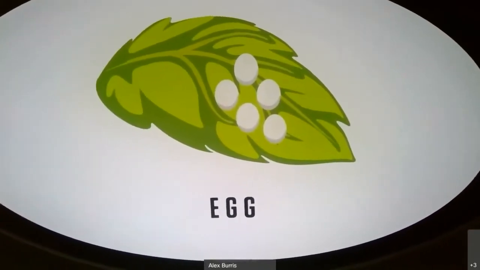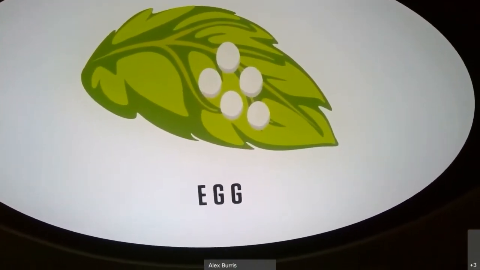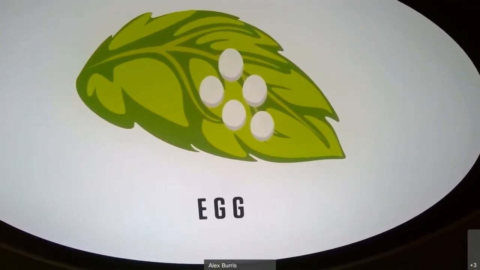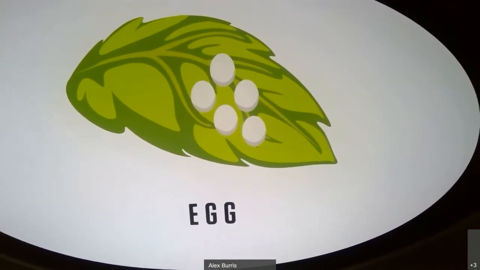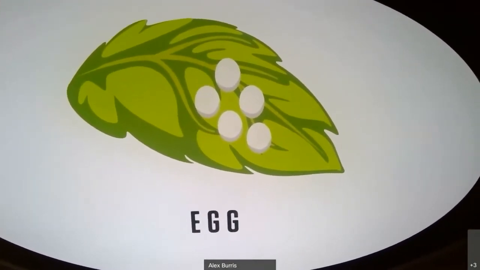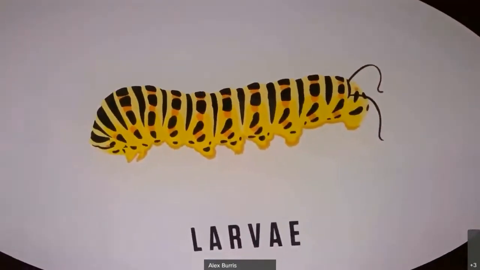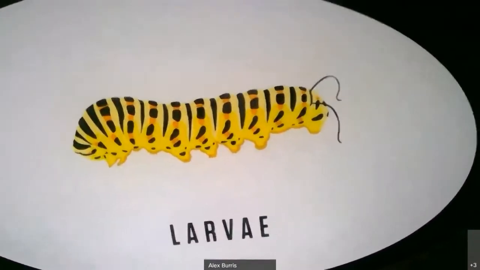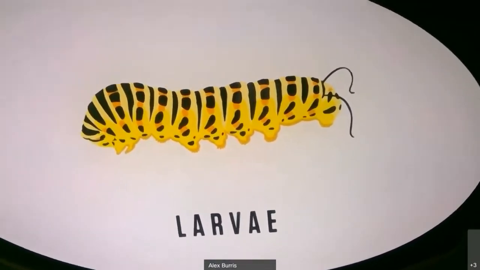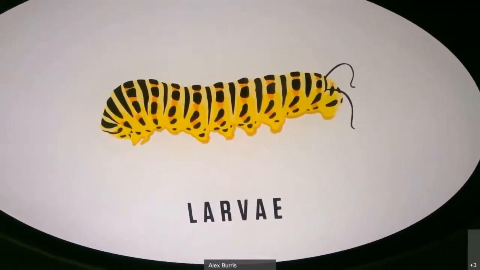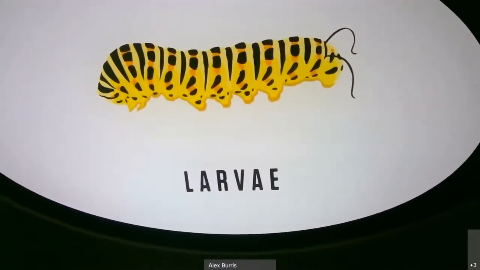So this is probably the metamorphosis that you're used to. So what would come after the egg? When we're talking about insects, they start as an egg and then they would become larvae, or we would call that, in the case of a butterfly, what's that word? Caterpillar.